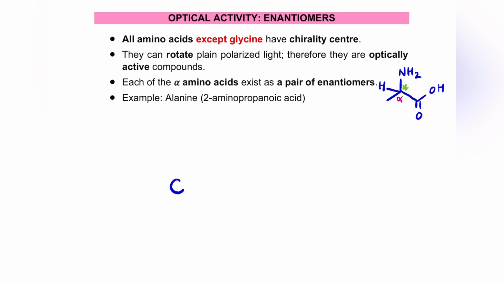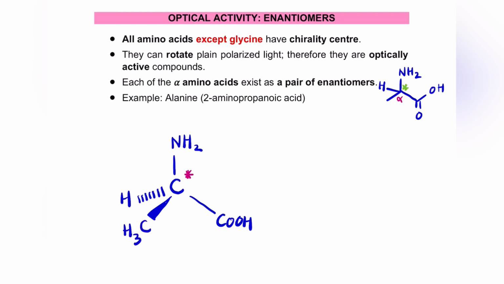This carbon is attached to NH2, and then to COOH. And then we have wedges and dashes. For the dashes, I'm going to put hydrogen, and for the wedges, I'm going to put CH3. And this is our structure for the left side.